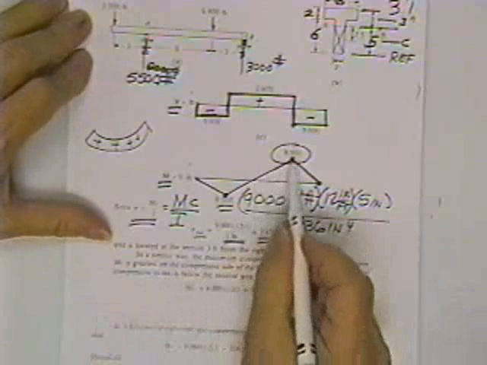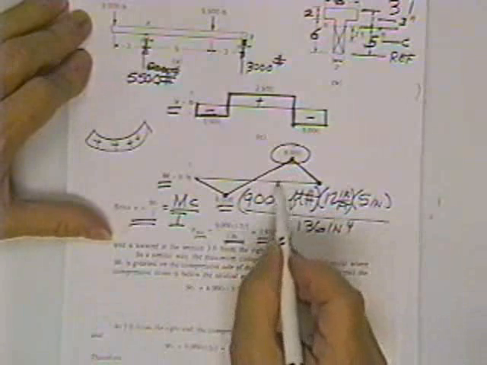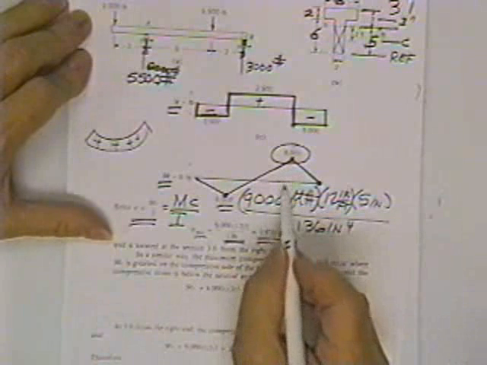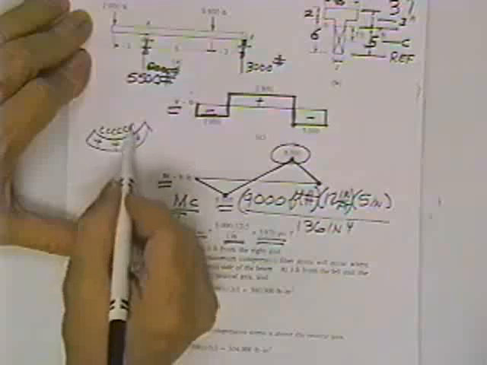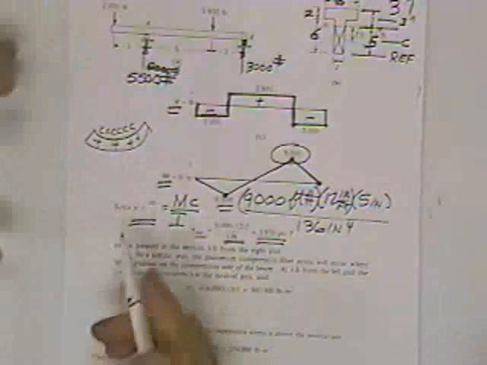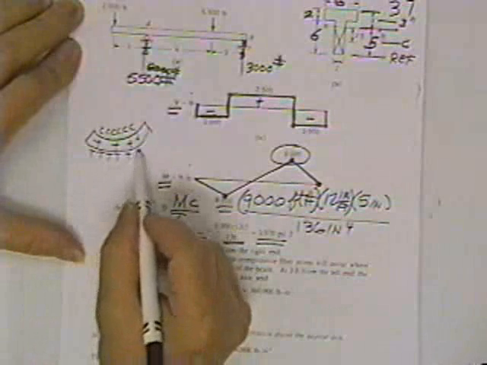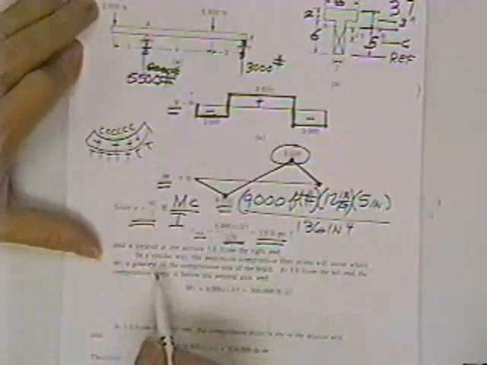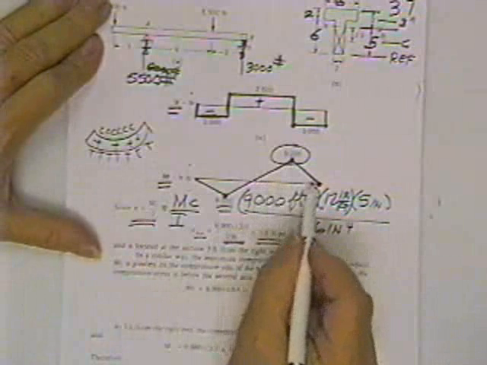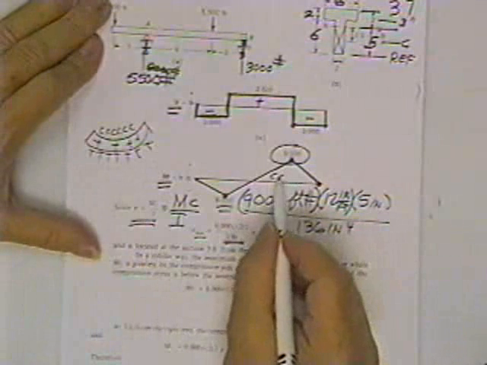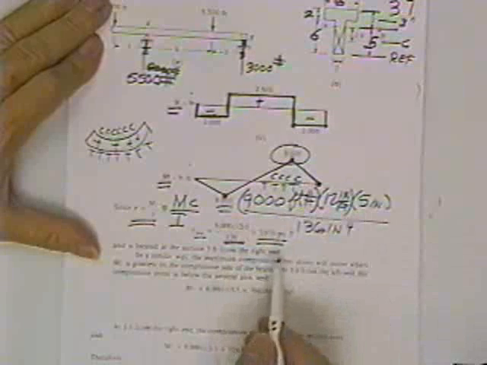Since this region has positive bending in it, then this piece right here must be bent in the shape of a smile. That means the top fibers have to be squashed because they're mashed closer together. You can tell these bottom fibers have to be stretched further apart, and therefore in regions of positive bending moment, the moment is above the line, you have compression on the top fibers, you have tension on the bottom fibers.